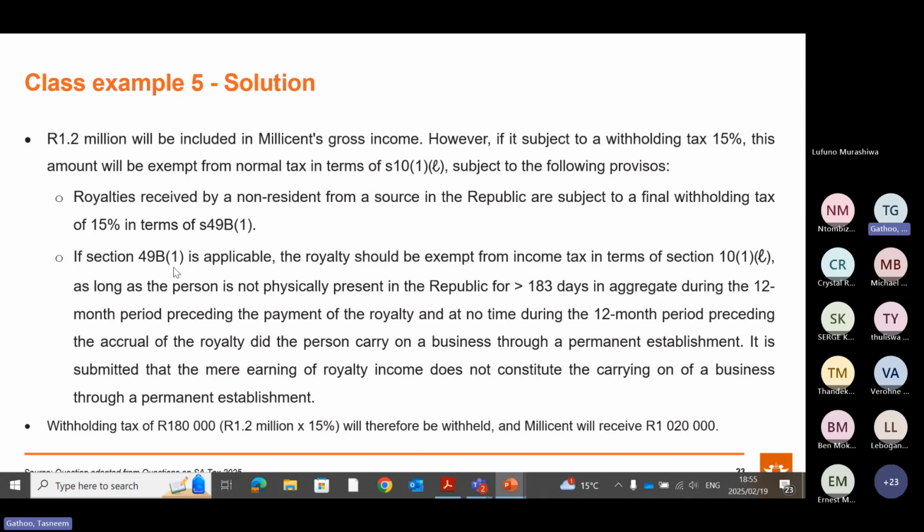And if Section 49B(1) is applicable, the royalty will be exempt, provided that the person has not been physically present for more than 183 days during the 12-month period preceding the payment of the royalty, or it is not connected to a permanent establishment. So for purposes of what we need to know for now, it was just to say that it will be included in gross income and then exempt in terms of Section 10(1)(l).